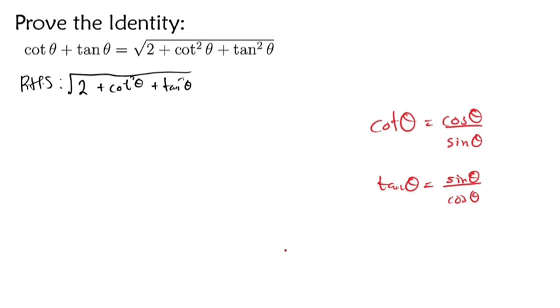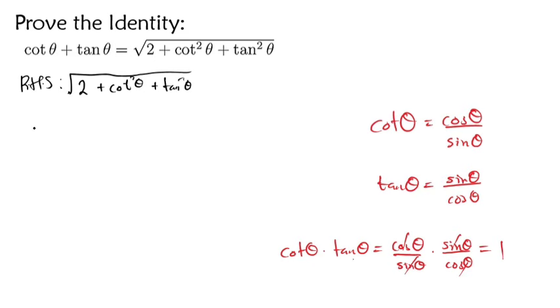So this means that if we multiply a cot by a tan, what we're getting here is cos over sine times sine over cos. So this means that sine cancels, cos cancels, this is equal to 1. So cot times tan gives us 1 because they're reciprocals of each other.